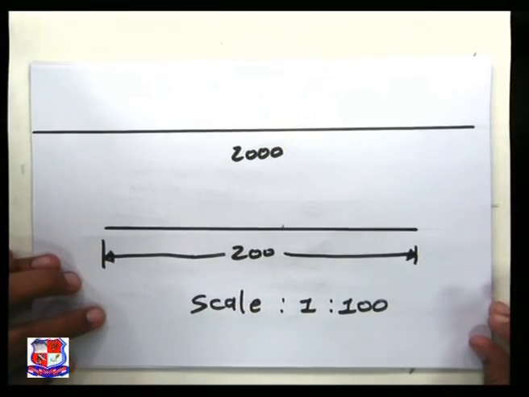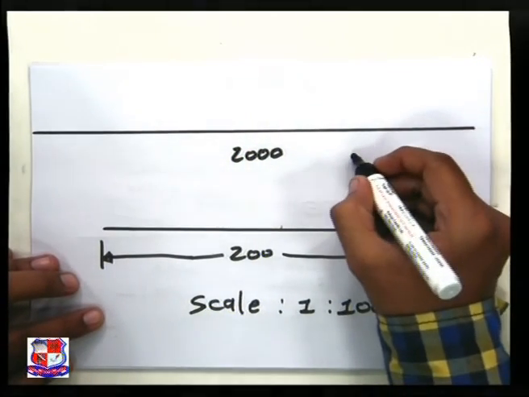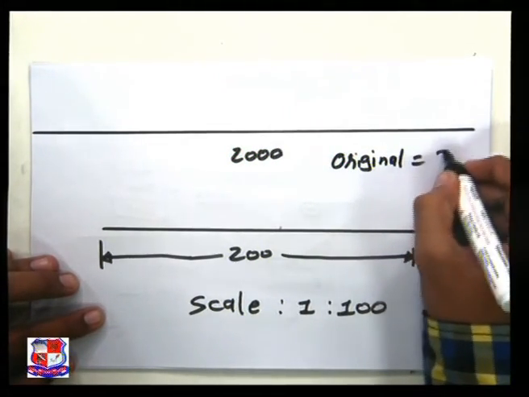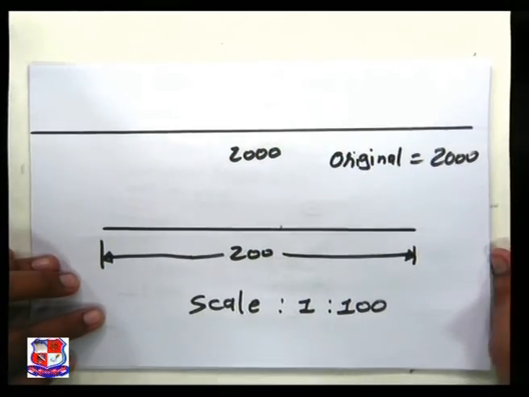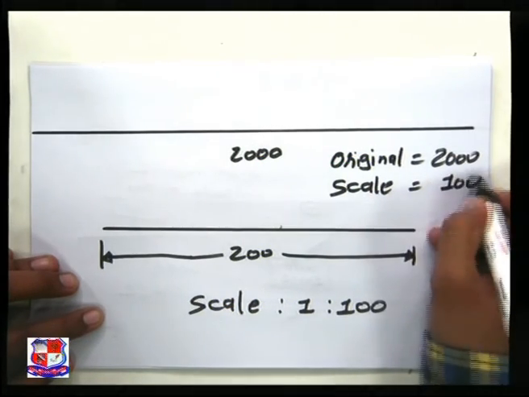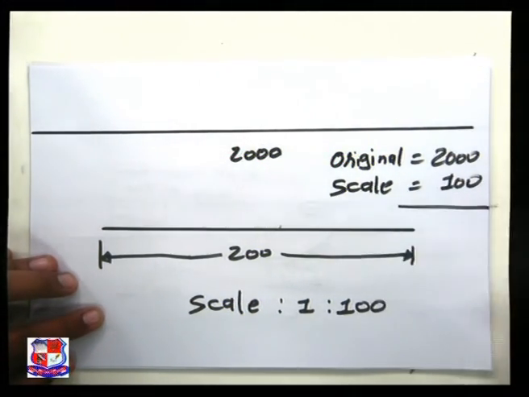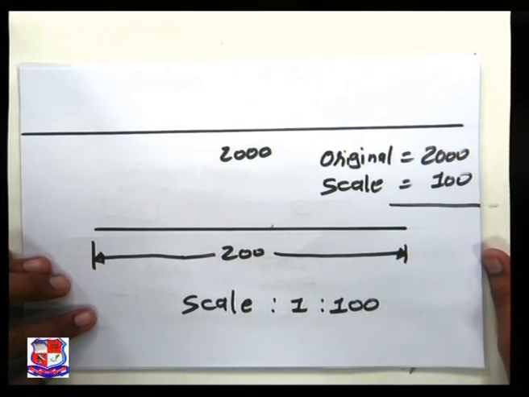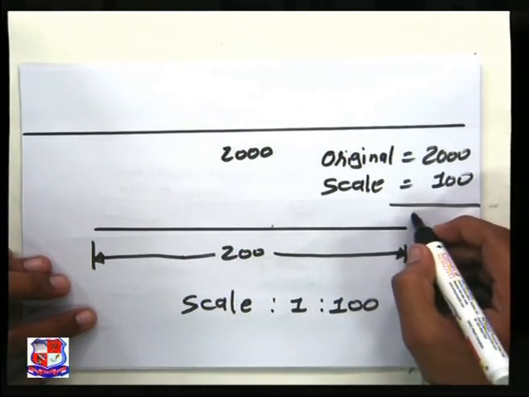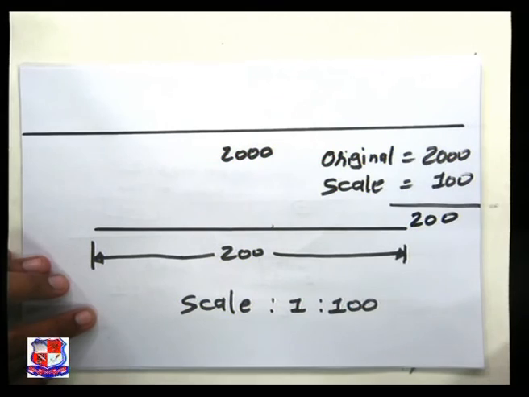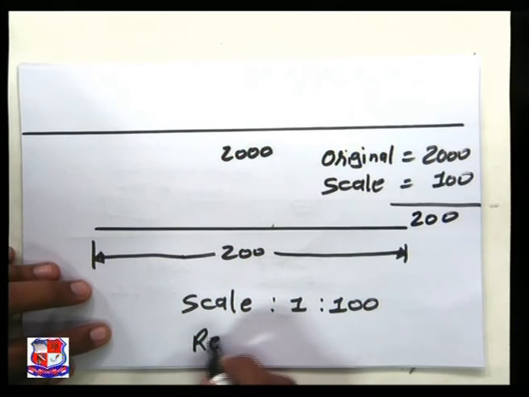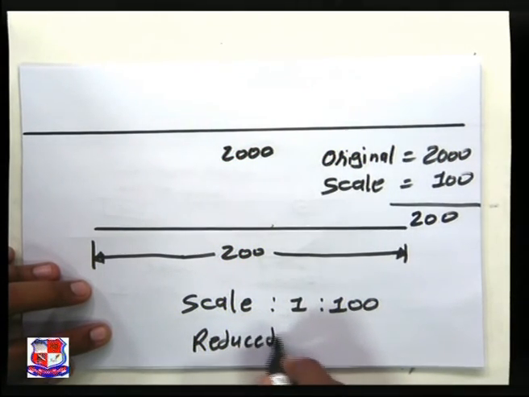Why 1/100? Original is 2000, scale is 100. In the enlarged scale we multiply, in the reduced scale we will divide. 2000 divided by 100 comes to 200. So this is a type of reduced scale.